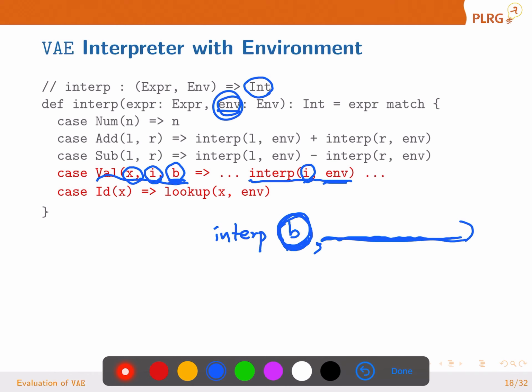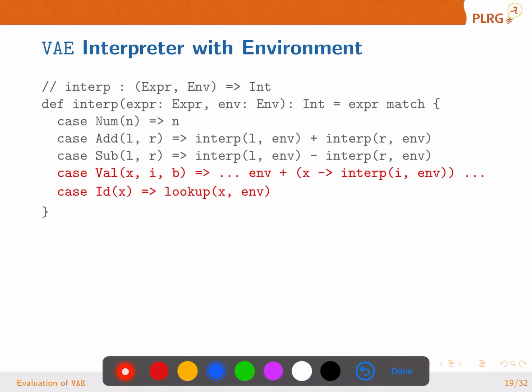And what else? One extra point is x's value. So we are going to extend this environment EMV with this new piece of information saying that, hey, you know what? X's value is the value of the first sub-expression. We are going to get the value of the first expression by interpreting it under the given environment. So we are going to add this new mapping to an existing environment.